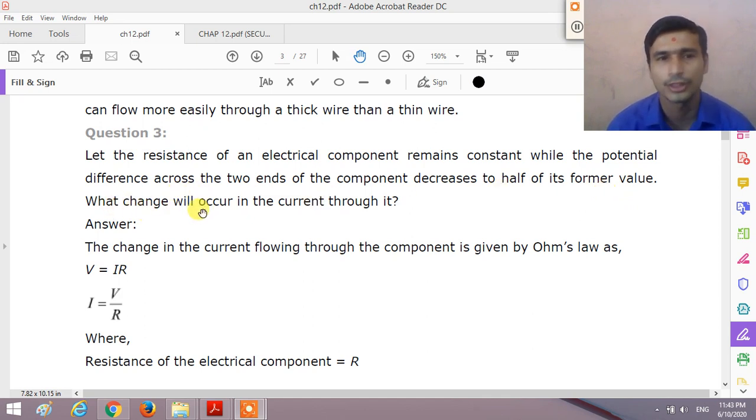What change will occur in the current through it? What will be the change in the current passing through the component?